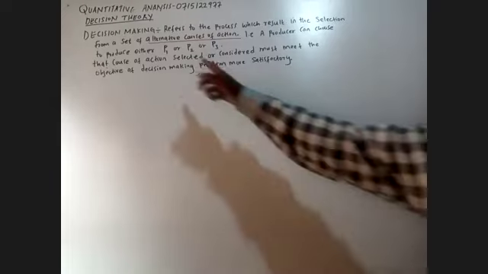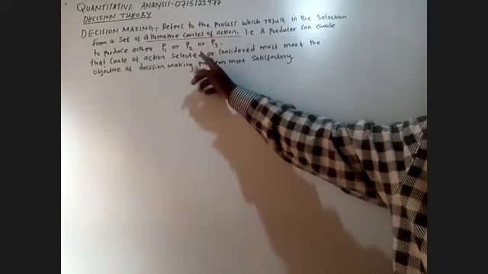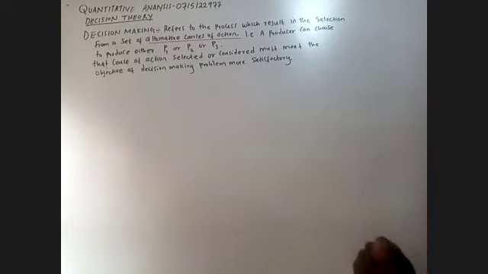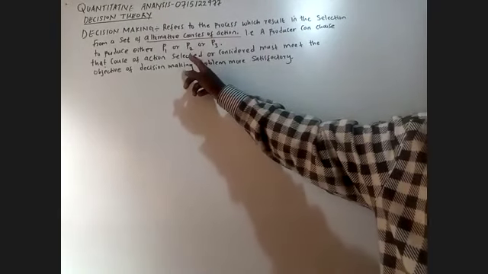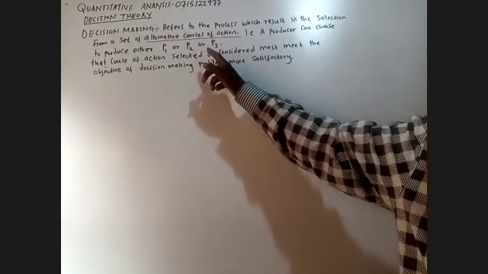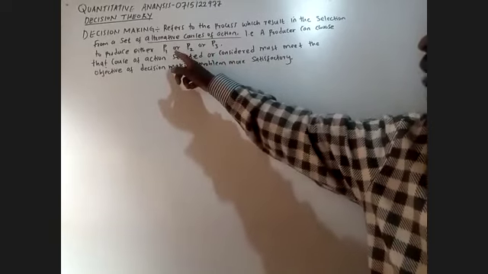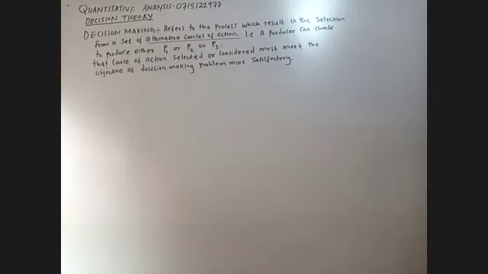For example, you have pen 1, pen 2, and pen 3. Now, choosing either of the three is what we call a decision. So choosing among the available courses of action is what we call the decision.